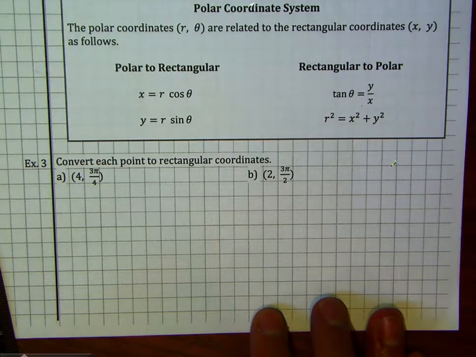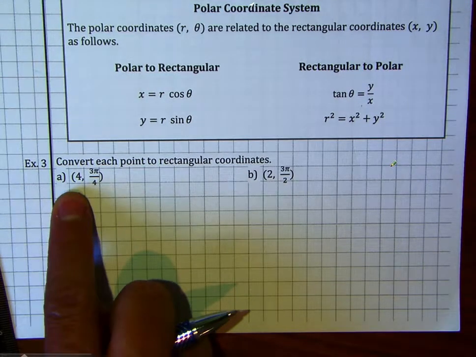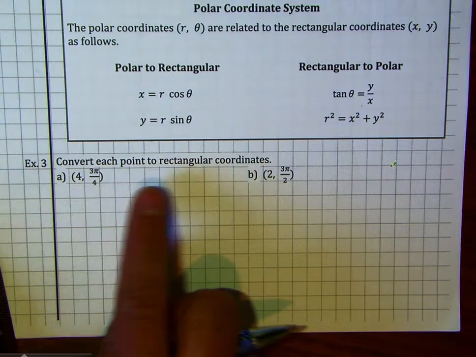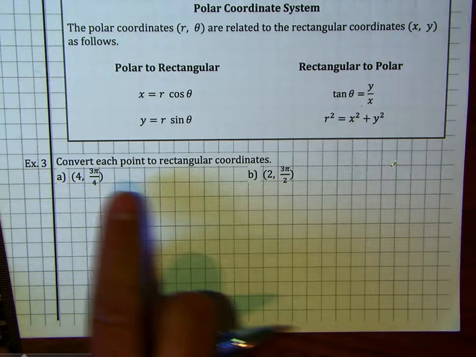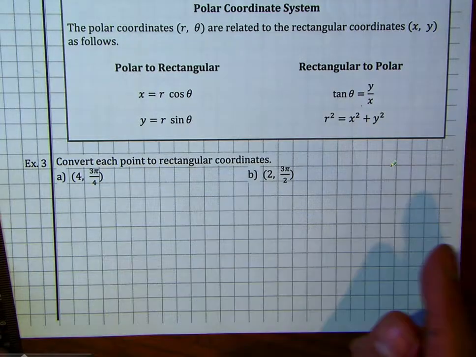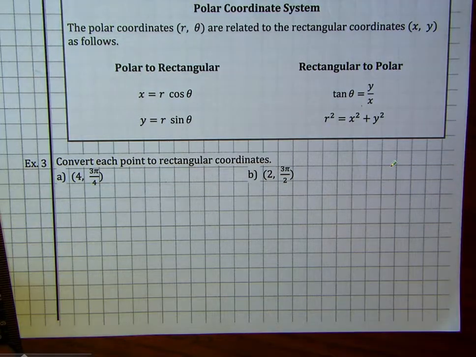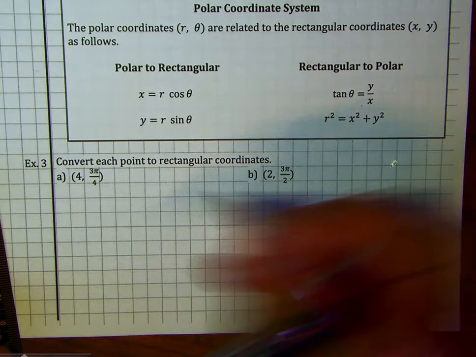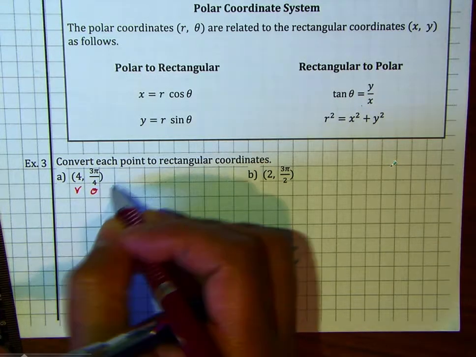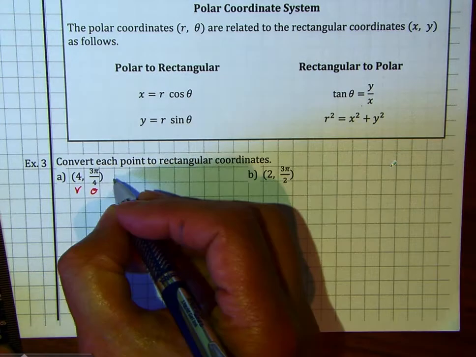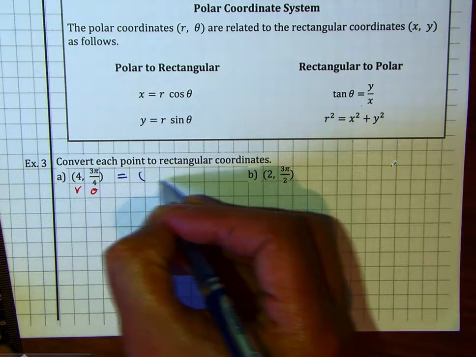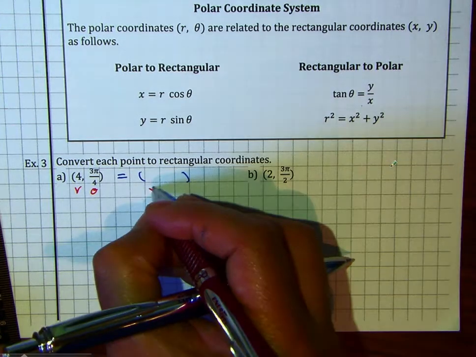But now we are going to be able to convert a point from rectangular to polar and from polar to rectangular. So now where we have r and theta, I need to be able to write it in rectangular coordinates. So I need to convert it as an x and y point.